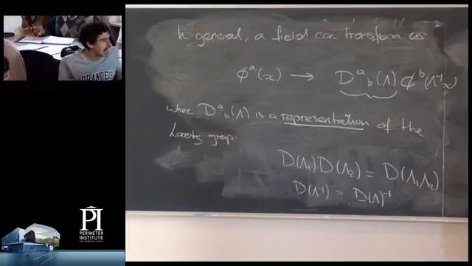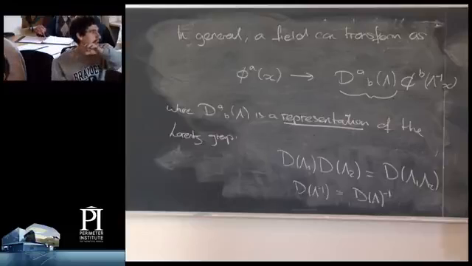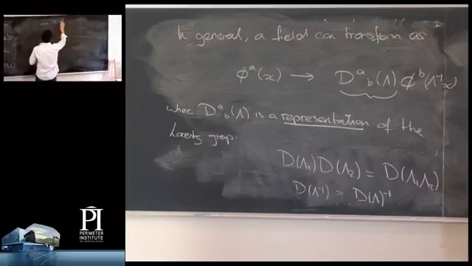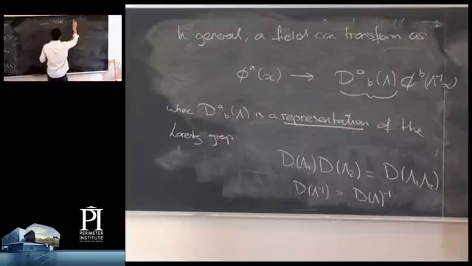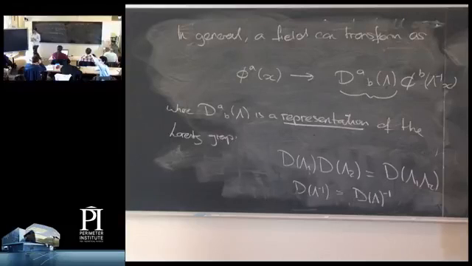So what happens, I believe, is that you could need a projective representation of the Lorentz group, but SL2C is a double covering of the Lorentz group, and any projective representation of the Lorentz group comes from an ordinary representation of SL2C.